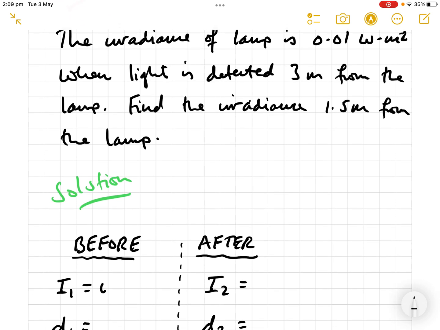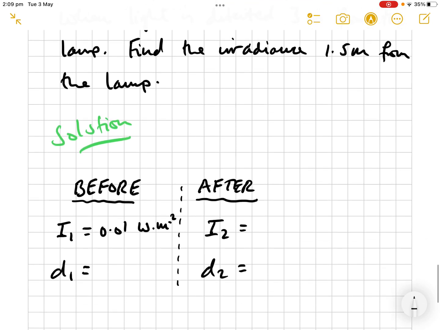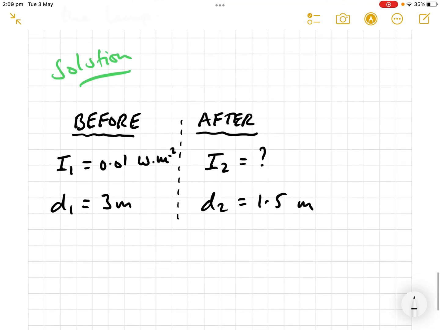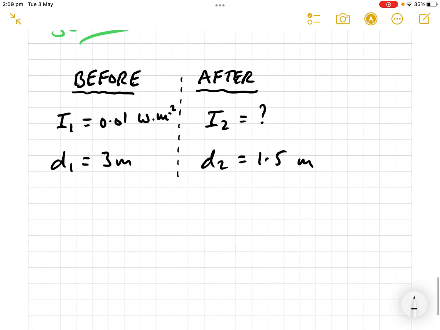So our original irradiance is 0.01 watts per square meter, and our original distance is 3 meters. The new irradiance, I2, after the change of distance is unknown, but the new distance is 1.5. Now if you set it out like that, it becomes quite straightforward.